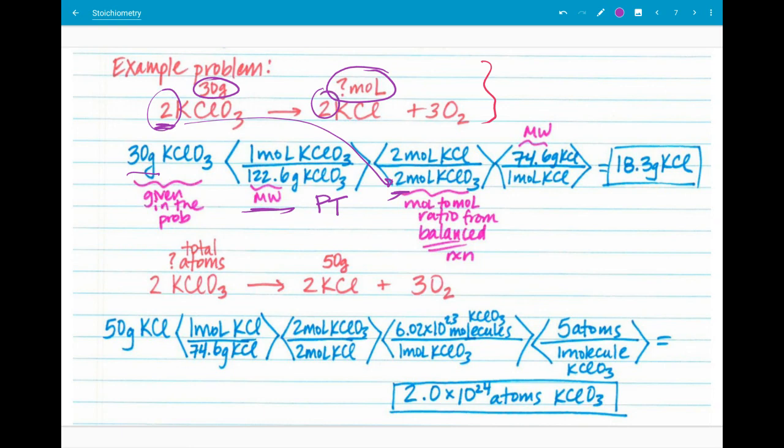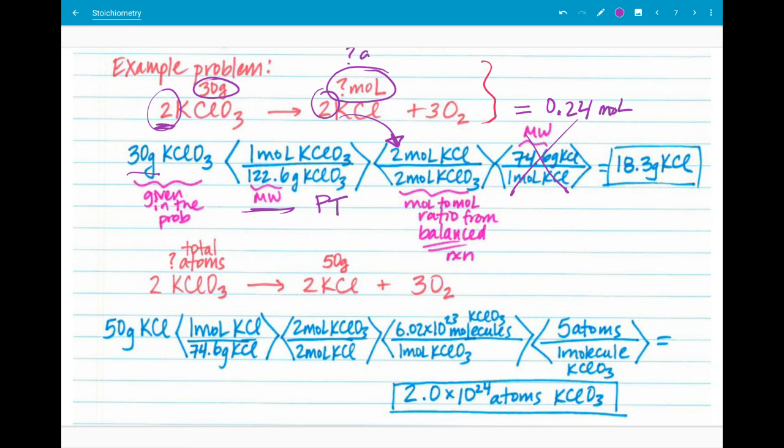Okay, and the 2 moles of KCl go here. And my final answer is supposed to be in moles, so I actually wrote this wrong. So I shouldn't actually include this bracket, and you would find the number of moles is equal to 30 divided by 122.6 times 2 divided by 2, and you find it is 0.24 moles.